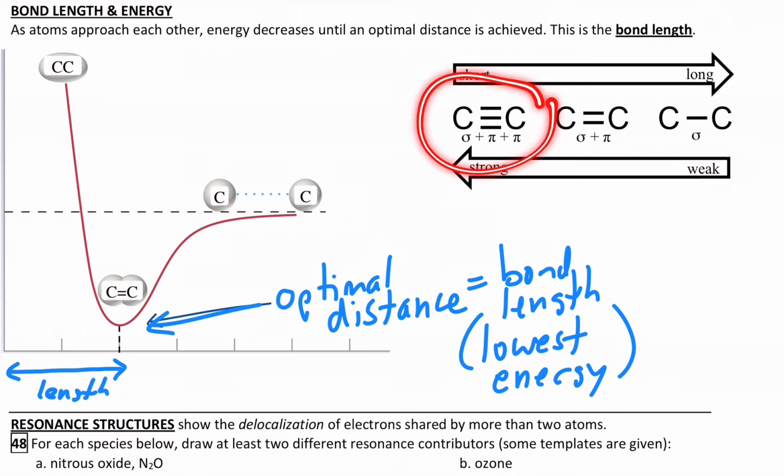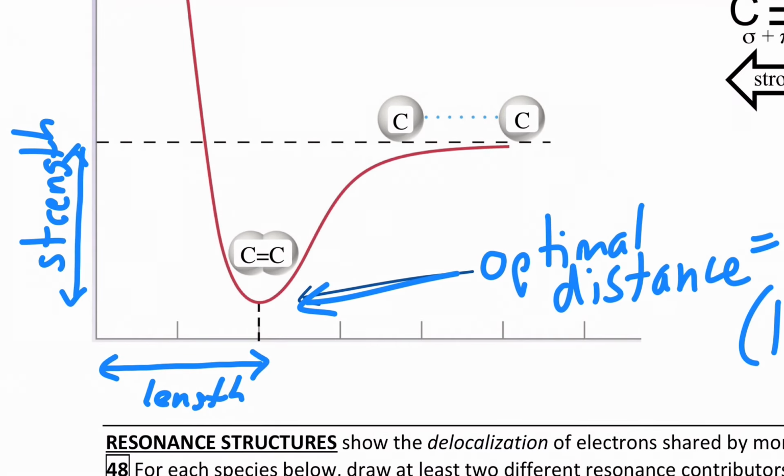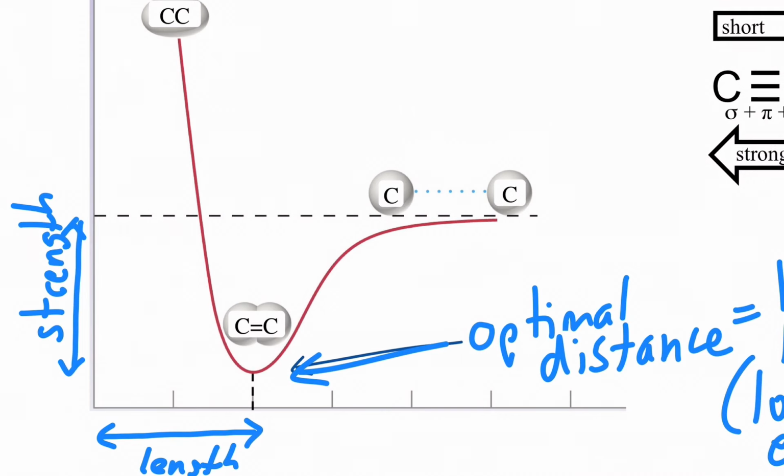A triple is going to be stronger and shorter than a double bond. So if it's shorter, my potential energy trough is going to be somewhere at a shorter length, but it's going to be stronger, so it's going to be deeper. So let me actually highlight the carbon-carbon double bond.